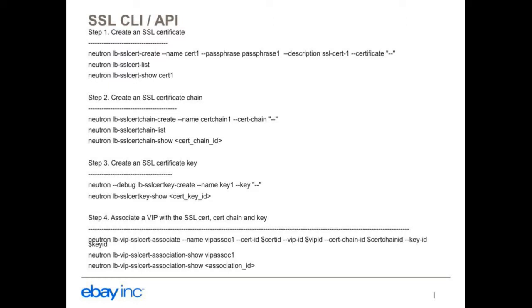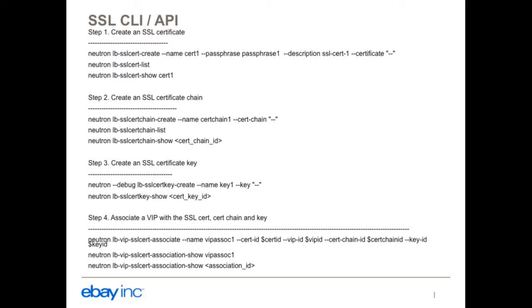Then we have SSL cert key creation. Similar steps: do SSL cert key create and then show. It will show the key. Once all these three entities are there, we need to bind them with the VIP. For associating them with the VIP, there is an association command, LBaaS VIP SSL cert associate, where you pass the association name and the cert ID, the key ID, and the chain ID.